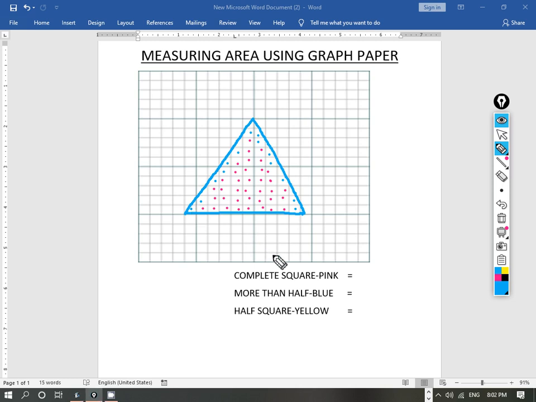Now we will skip those squares which are covered less than half. We are not going to take those squares. For instance, here you can see this is less than half.